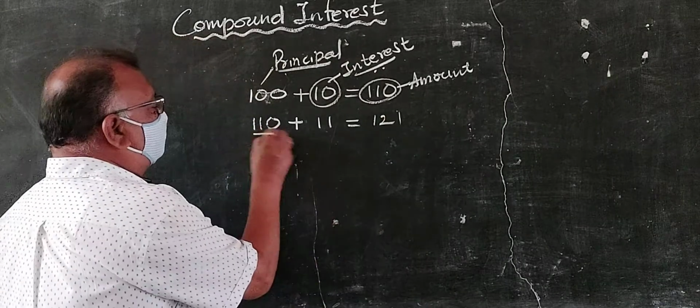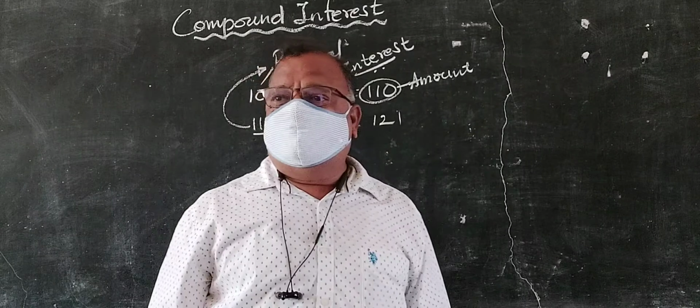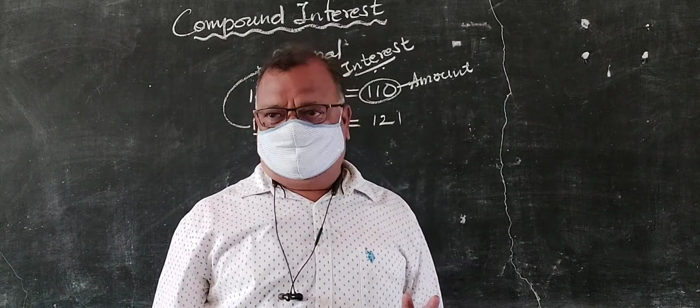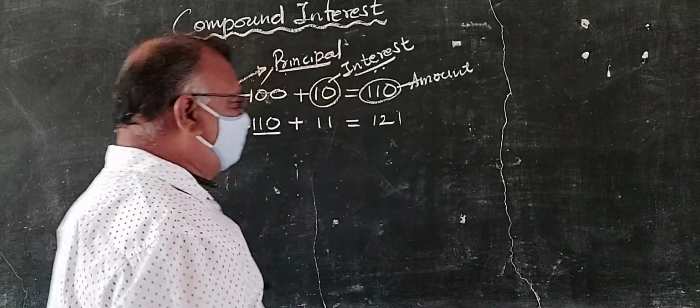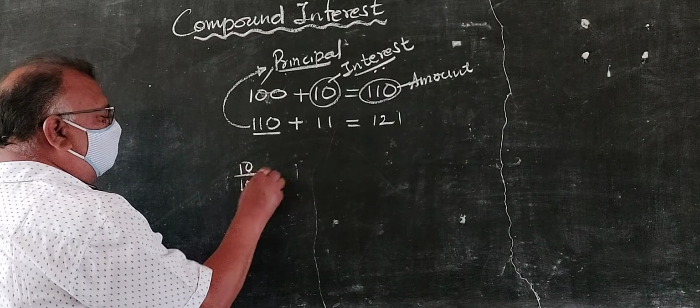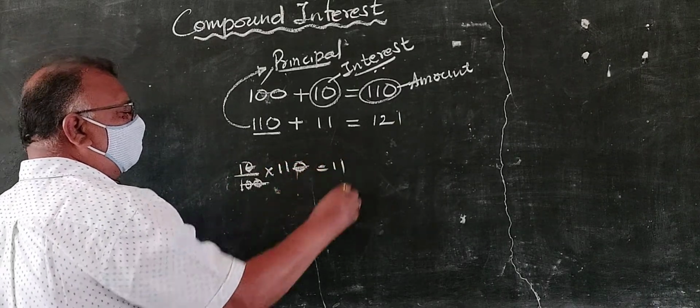So the principal for next year will be rupees 110, and now we are going to calculate interest on that. The rate of interest is 10%. So 10% of rupees 110 is equal to rupees 11.